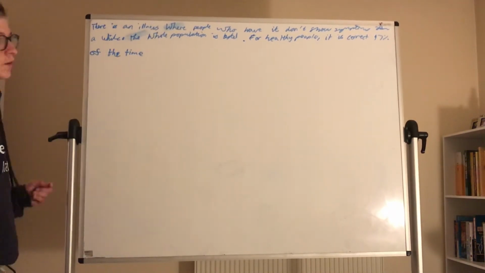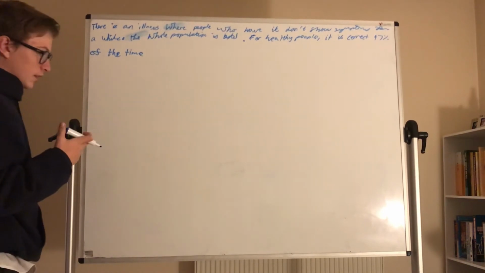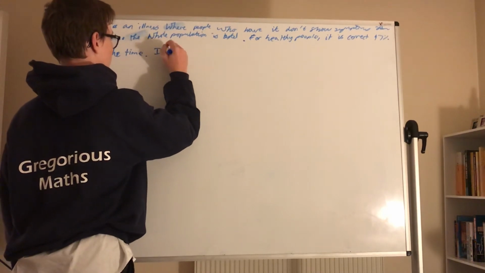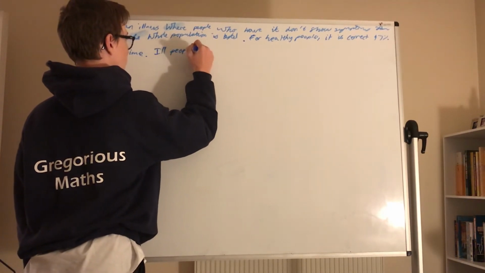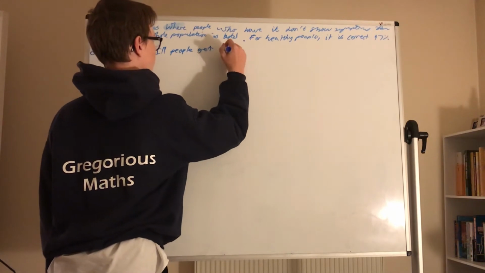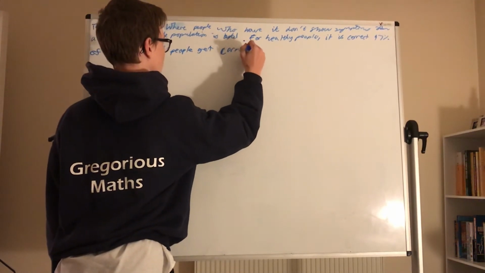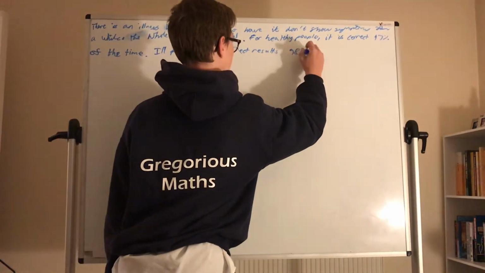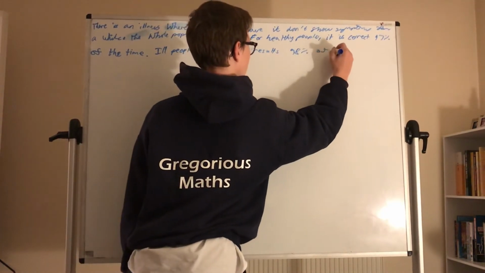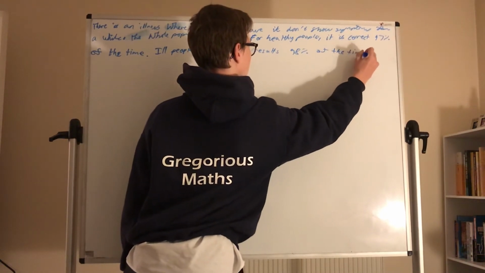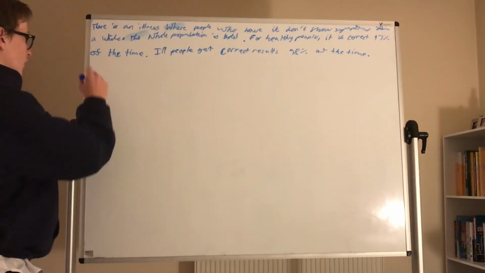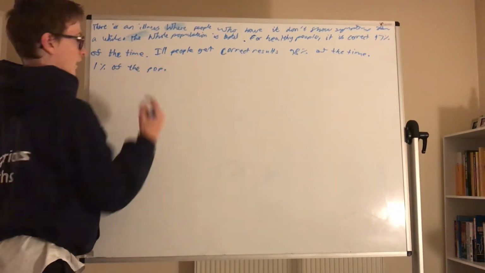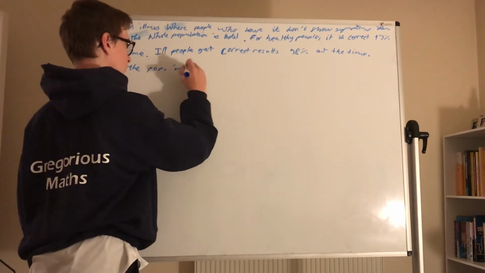So 3% of healthy people get false results, like false positive results, and ill people get correct results 98% of the time. And I forgot to mention that 1% of the population is genuinely ill.